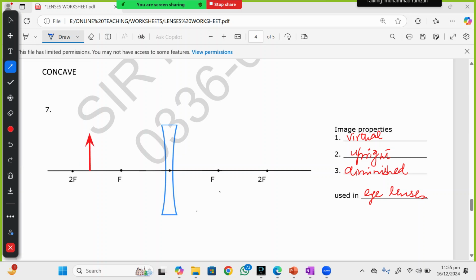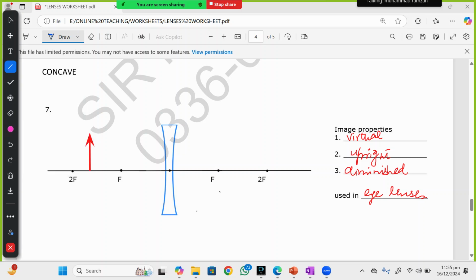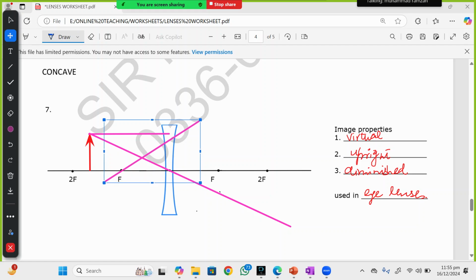Okay, so wherever we place the object, let's suppose I place the object somewhere here between f and 2f, so there must be two rays again, one ray passing through the focal and the other which is parallel to the principal axis. Now it cannot go through here because it is not a converging lens, it is a diverging lens. I have to make it this way, so I have to let the light ray pass through the focal at the back over here.